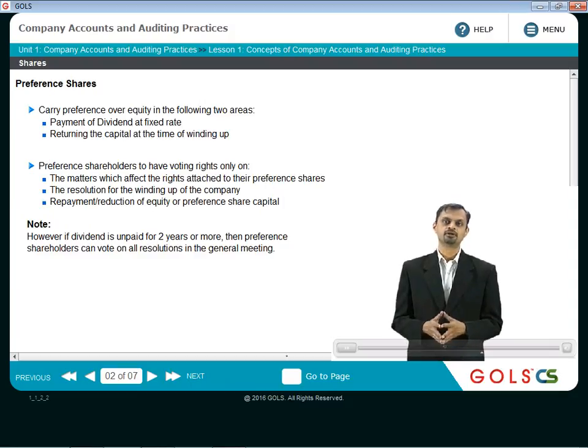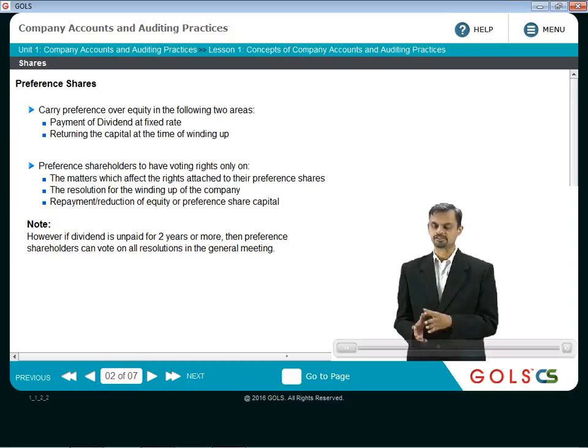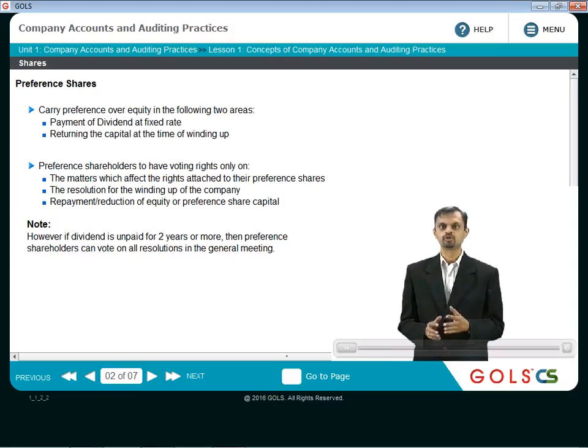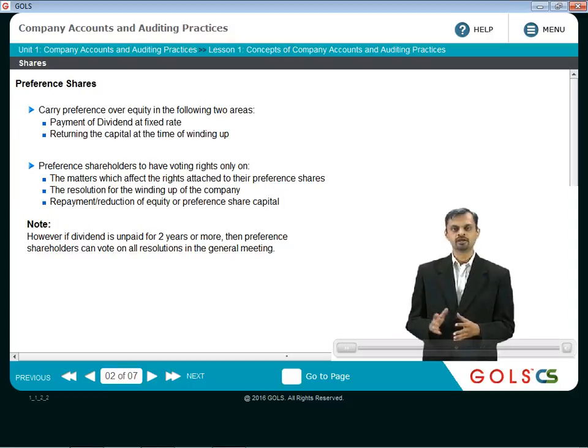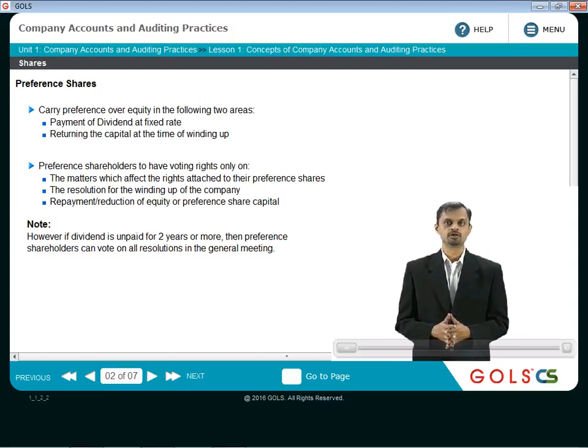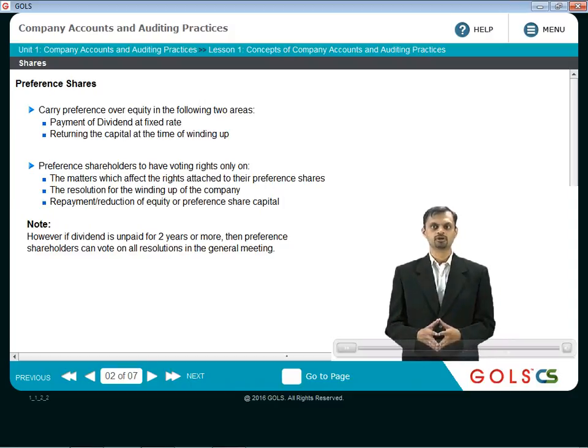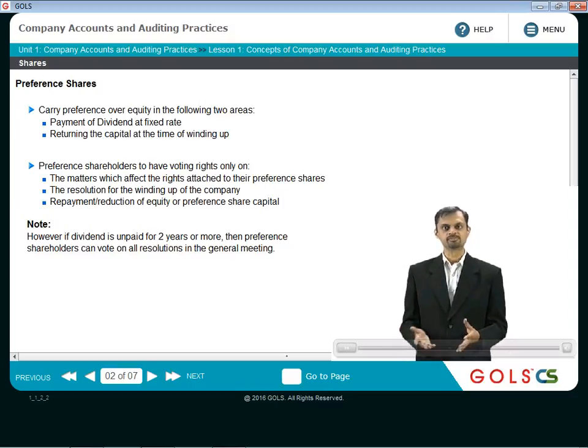For example, if the company decides to change the rate of dividend for the preference shareholders from 10% to 12%, or 12% to 10%, this is related to the preference shareholders, and so on such a matter they can vote, but not on other matters. Another area where they can vote is the resolution for the winding up of the company, which obviously affects the equity shareholders as well as the preference shareholders.